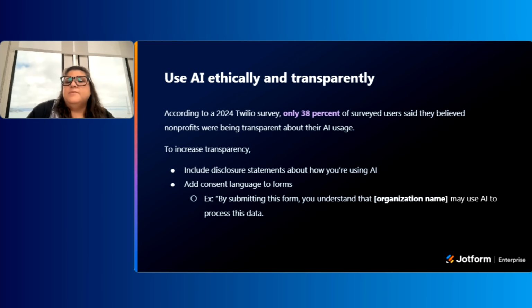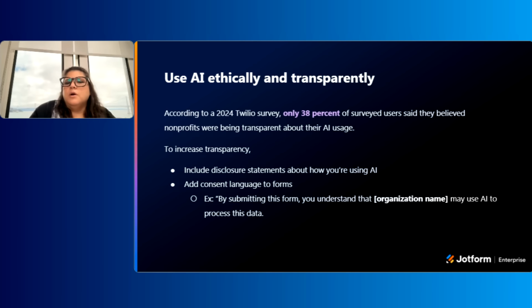Former Senior VP of Donor Search AI, Nathan Chappell, mentioned in a recent interview, "We have to take a very different stance on what's acceptable with AI because we rely on trust." And according to a recent Twilio survey, only 38% of people surveyed reported that they actually believed that nonprofits were being transparent about AI usage.